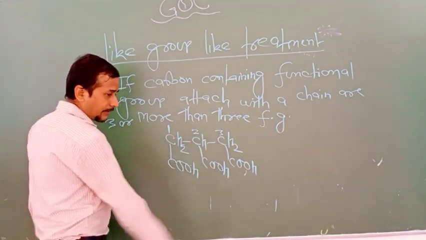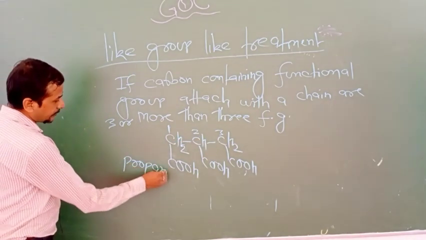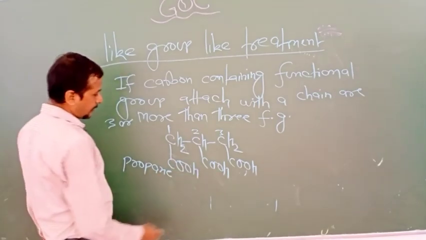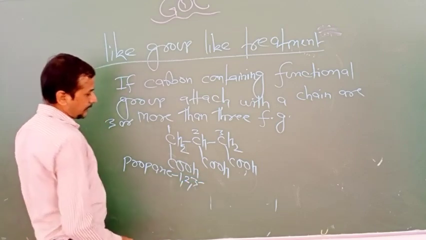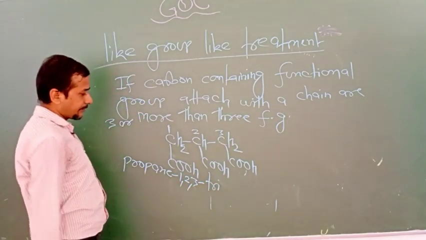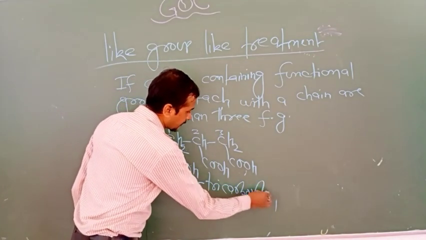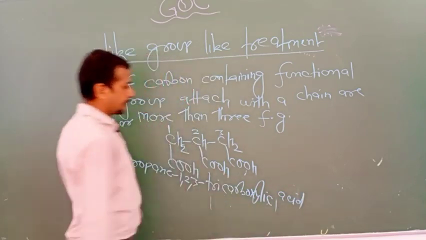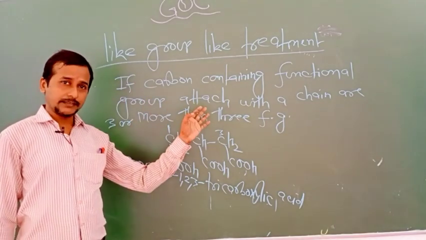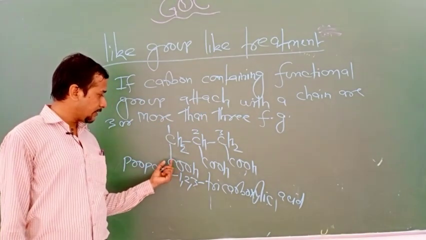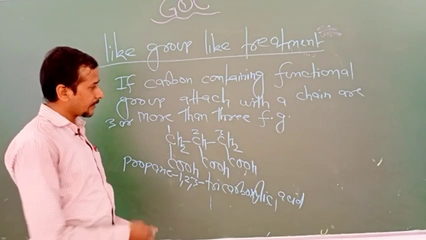So these are 3 carbons attached with single bonds. So that's why this is known as propane. And now for this we have to write propane 1, 2, 3, tricarbaldehyde, and CHO is treated as carboxylic acid. So this is the like group treatment. This nomenclature you have to write when the functional group is 3 or more than 3.